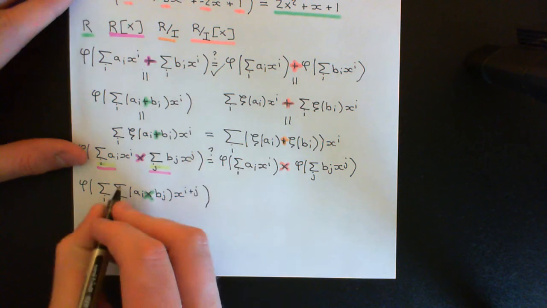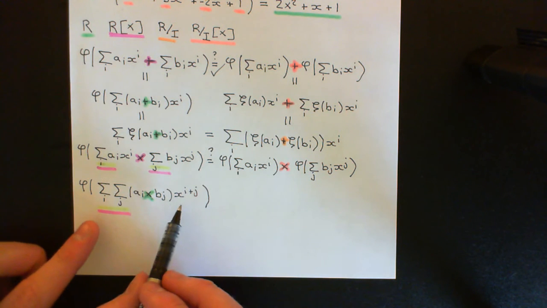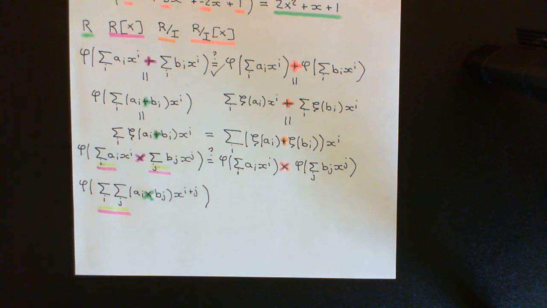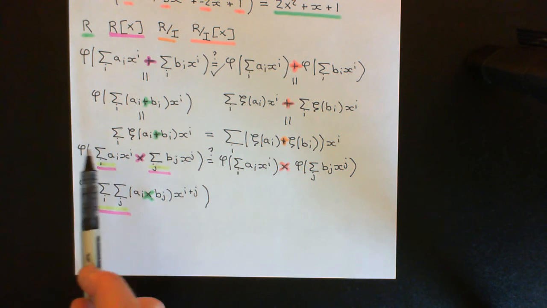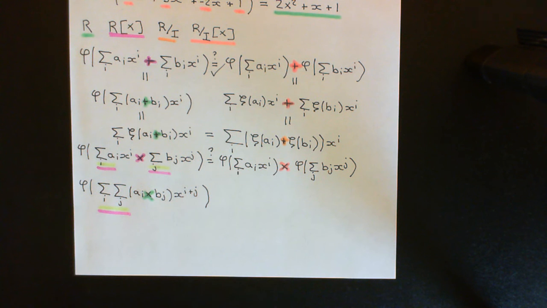Okay, so now you've got the answer to this, but as a sum of a huge number of monomials. So in principle, what you could do is use the definition of addition in the polynomial ring to sum all of these monomials together and get the answer as to what these two are multiplied together. So that's the way that we define multiplication in our polynomial ring.